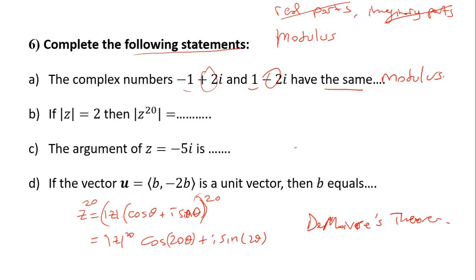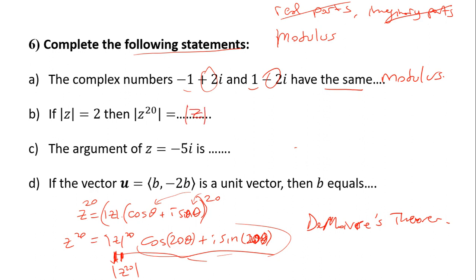So if you take the nth power of the cis, you can write it as 20 times theta on the side. When you take the modulus of this part, it will give you 1. So this part will give you the modulus of z to the 20.